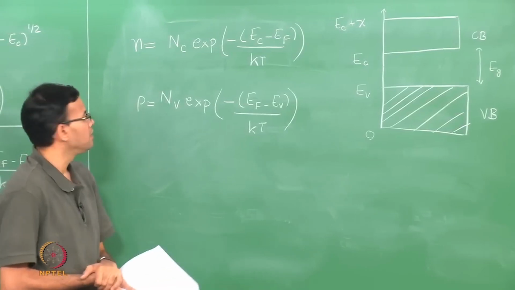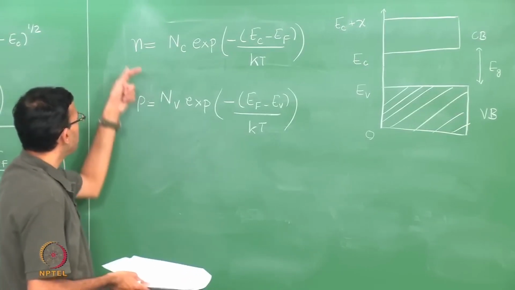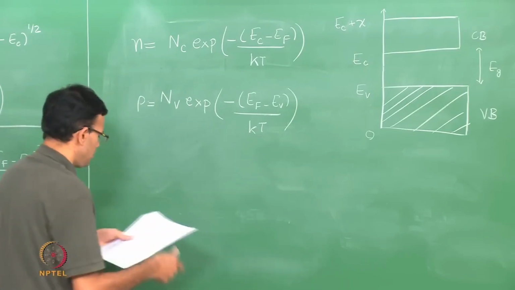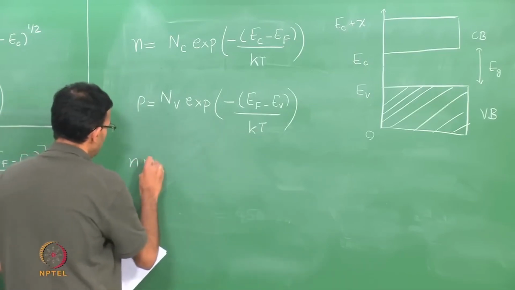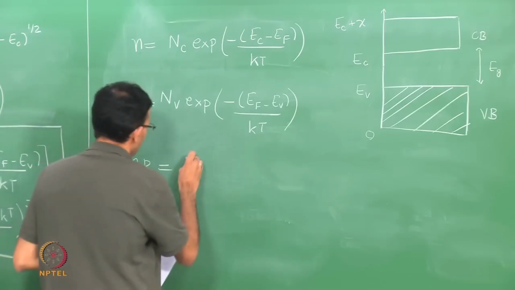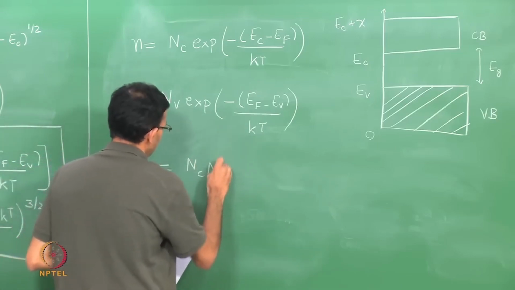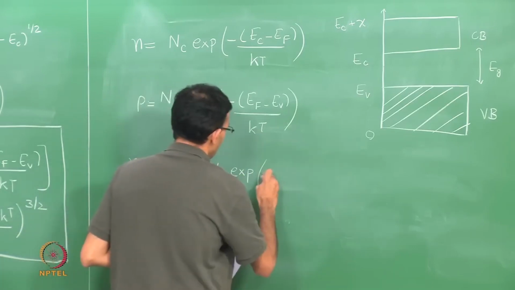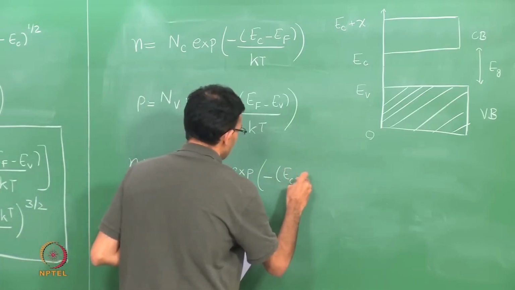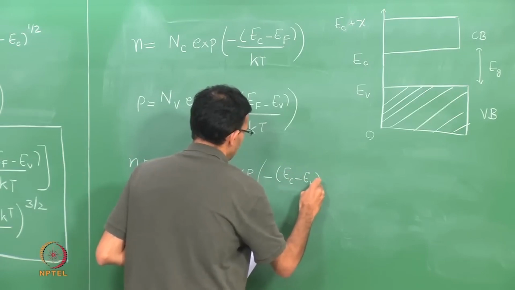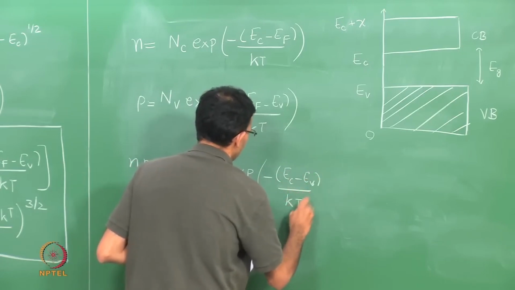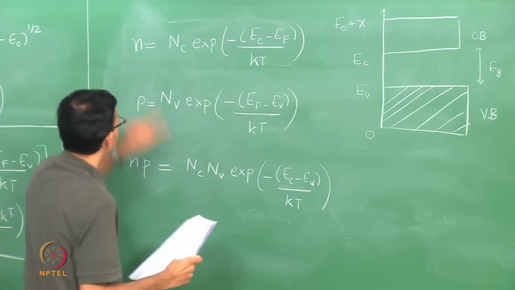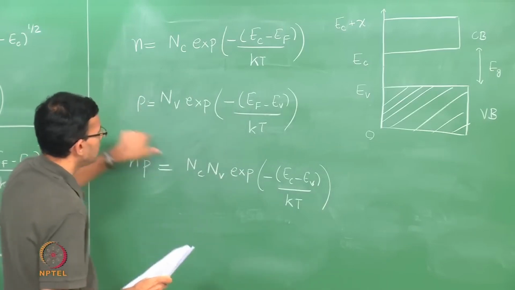So, let us go ahead and eliminate Ef by multiplying n and p together. If you do that, np will be Nc Nv exponential of minus (Ec minus Ev) over kT. All I have done is multiply these two together.